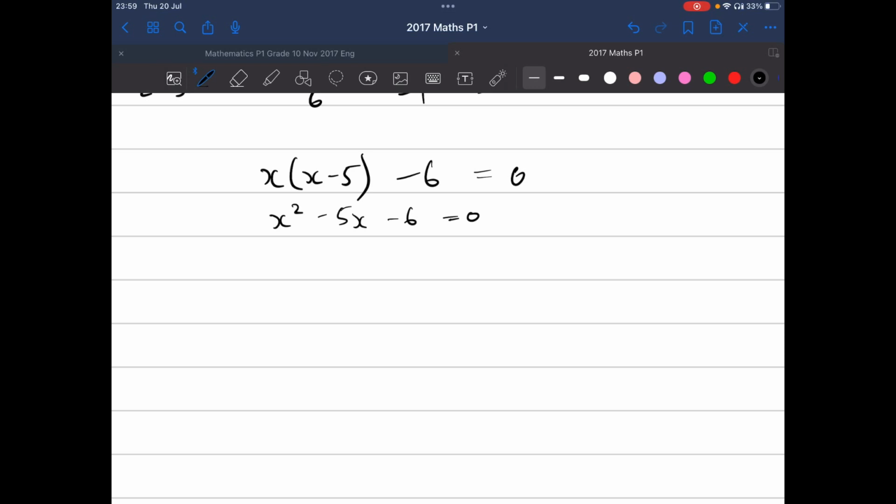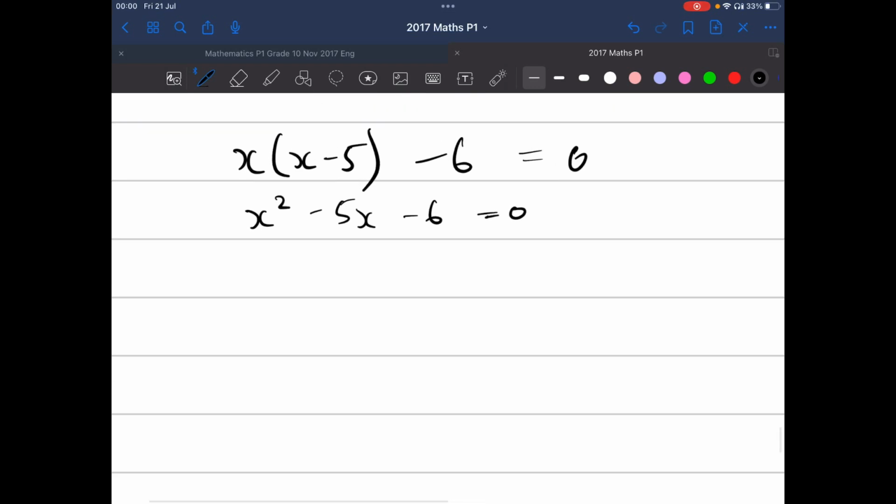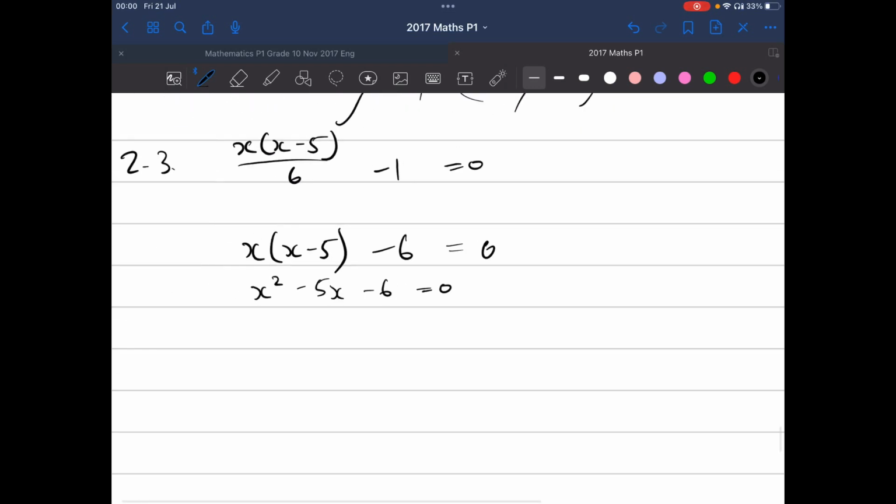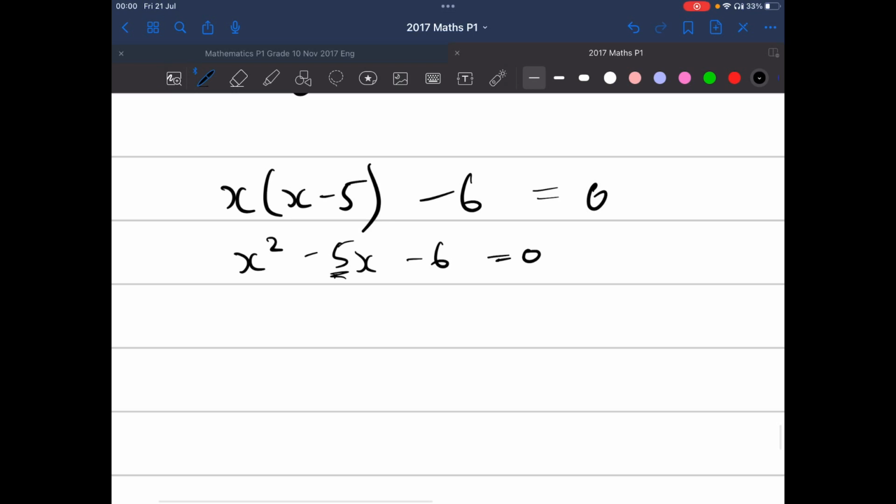The best way to do that is to find two factors of 6, or when you multiply these two together, in this case it's going to be minus 6, that when you multiply them you get that, and when you add them you get the middle term.